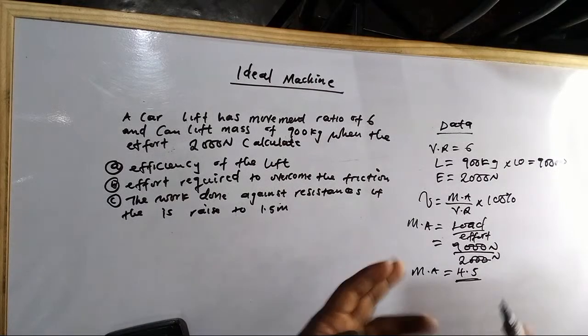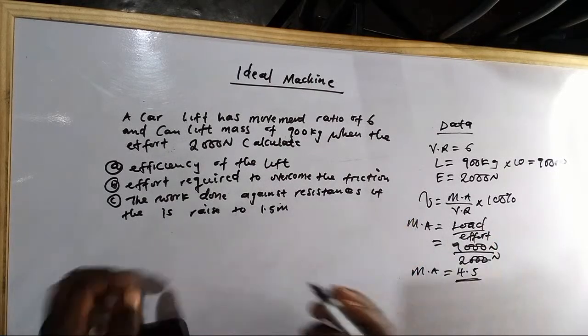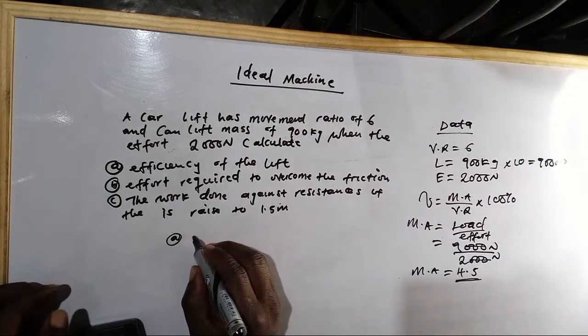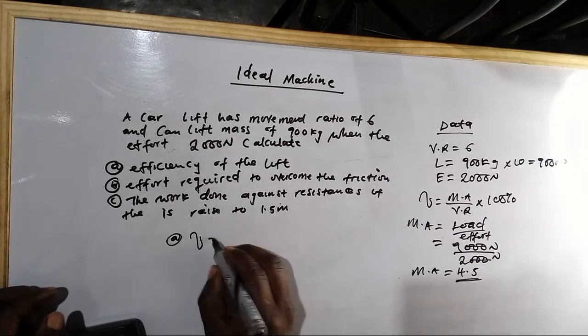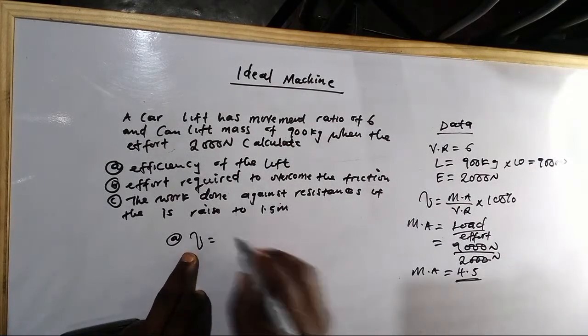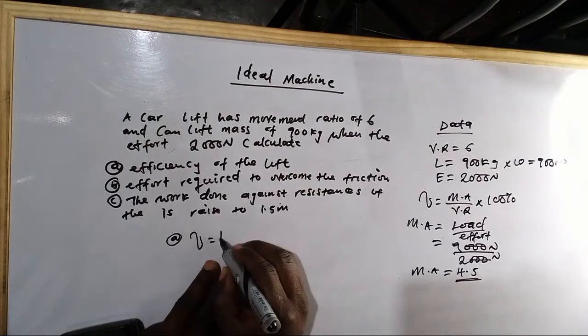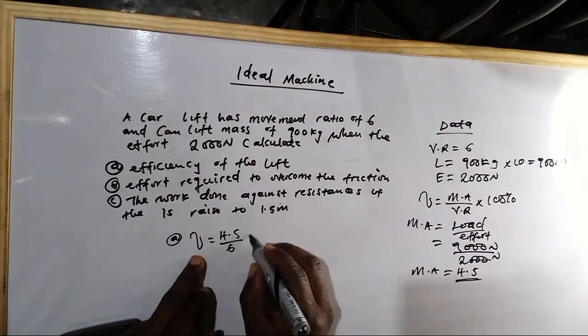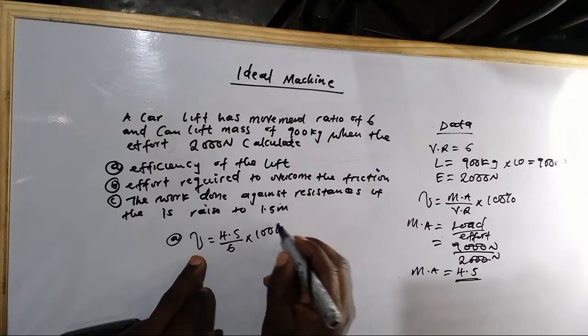So this is where now we can find the efficiency. So for A, we are finding the efficiency. The efficiency is denoted by this symbol. For mechanical advantage, we have found that it is 4.5. Then for velocity ratio, we have 6. Then you multiply by 100%.